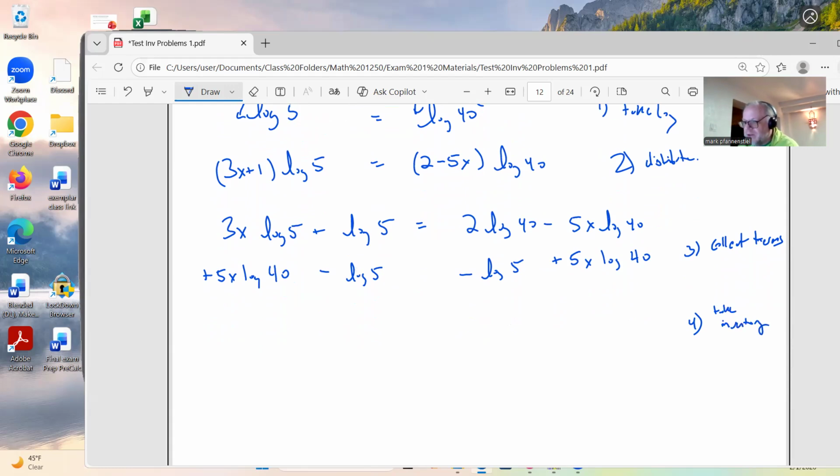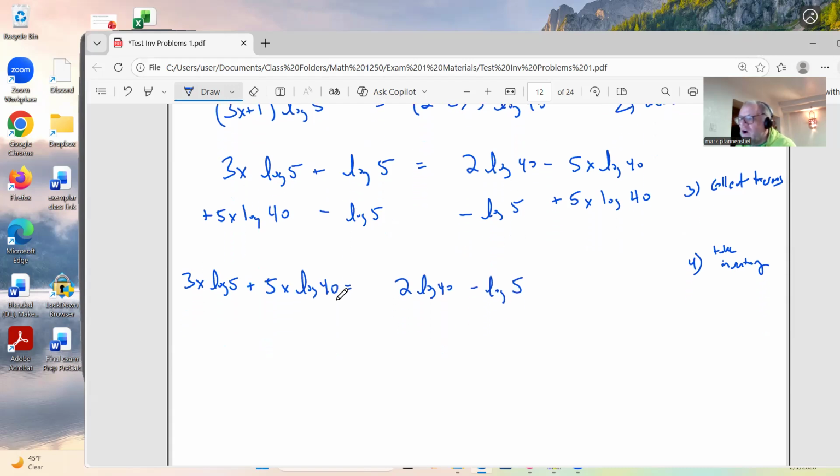So we have 3x log 5 plus 5x log 40, and that is equal to 2 log 40 on the other side minus log 5. Notice all of the x's are now on the same side. We're going to factor an x out, because each of these is 3 times x times log 5 and 5 times x times log 40. Both of the terms have an x in them. We're going to factor that x out.